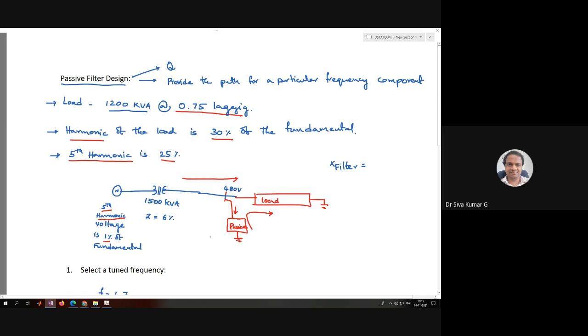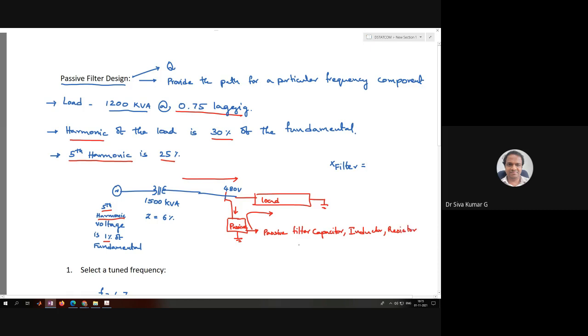While designing a passive filter, we need to consider the tolerance of the passive filter components, because the capacitance value may change due to aging over a period of time. The passive filter is a combination of capacitor, inductor, and resistor.